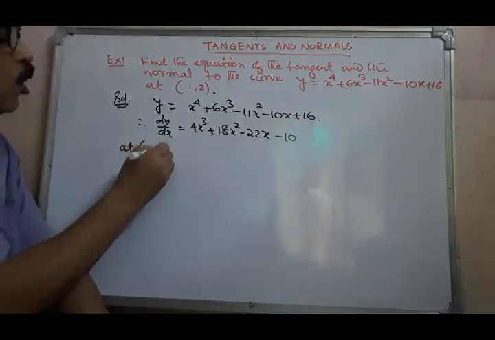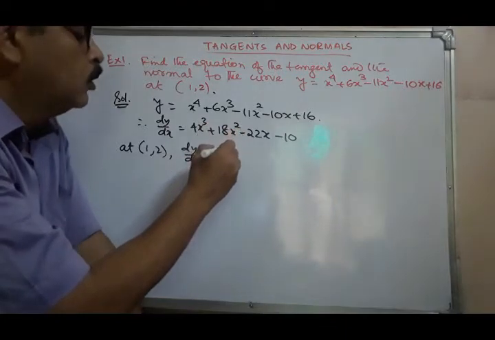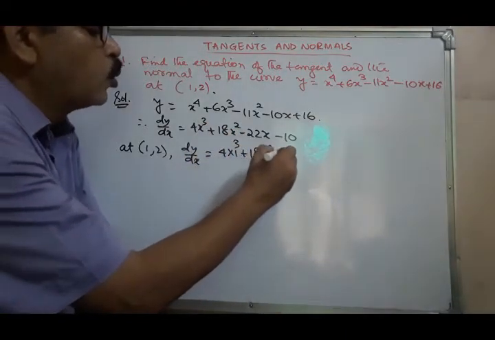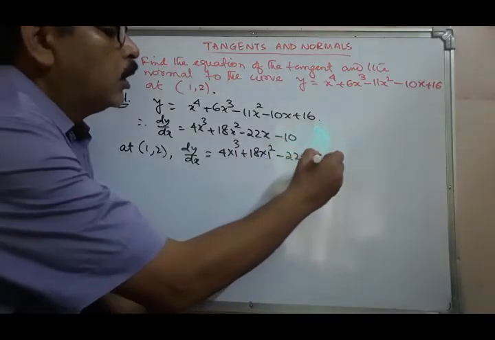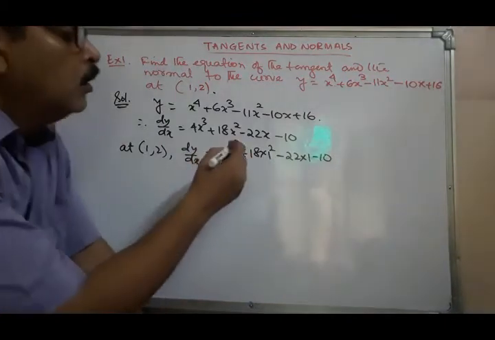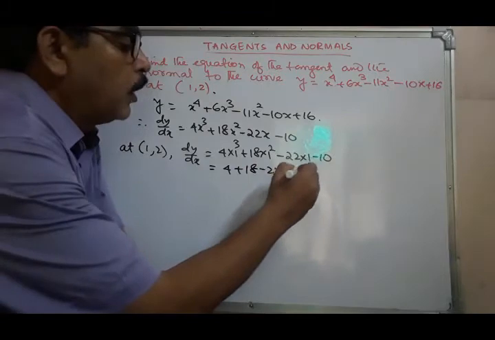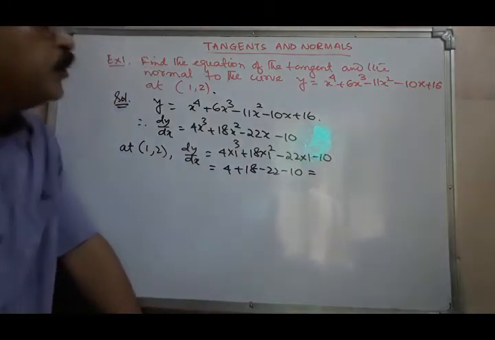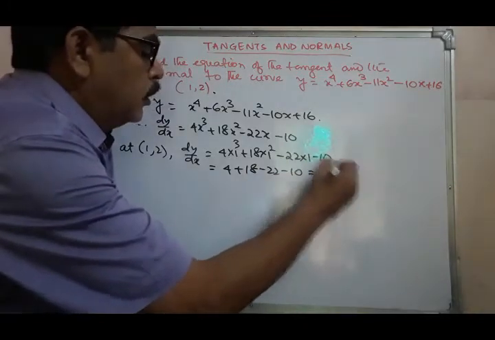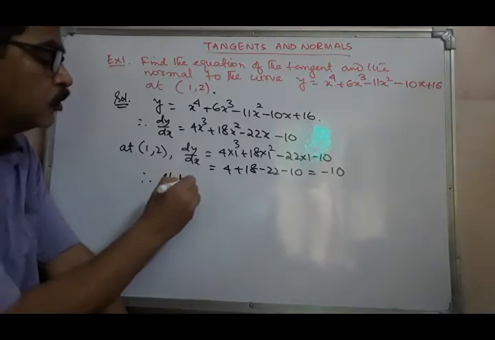At (1, 2), dy/dx equal to 4 into 1 cube plus 18 into 1 square minus 22 into 1 minus 10. So it becomes 4 plus 18 minus 22 minus 10, which becomes minus 10.